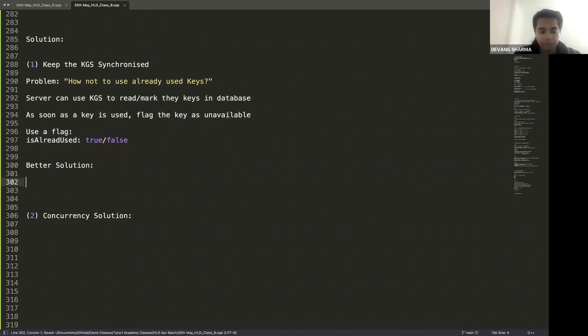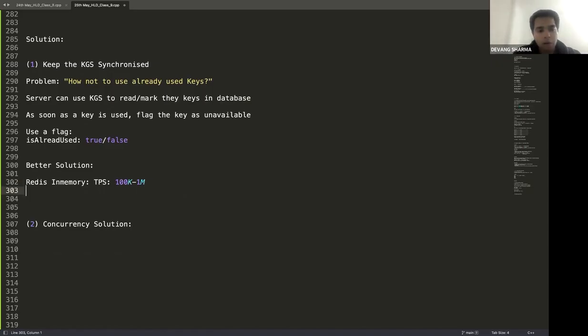An even better solution could be, I can create a Redis in-memory store here. What is that going to do is, this is extremely fast in memory, which can handle, let's say, a TPS of up to 100K to 1 million, depending upon how well you have implemented this.